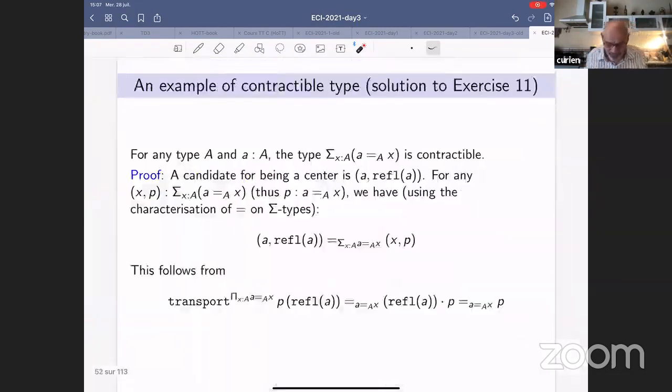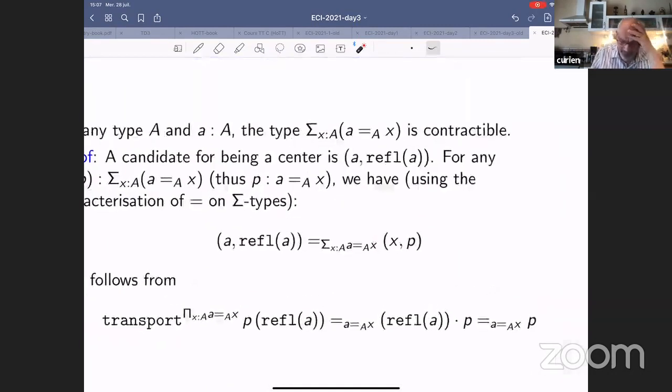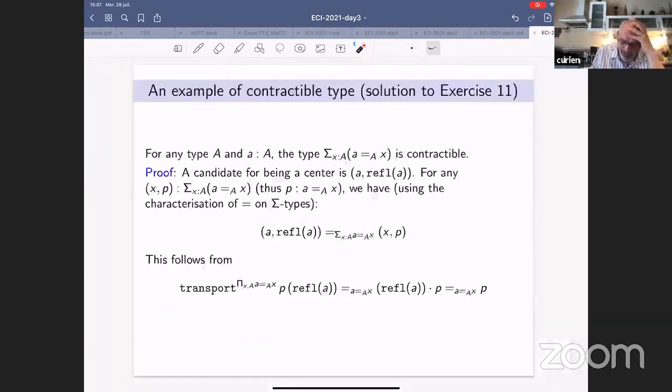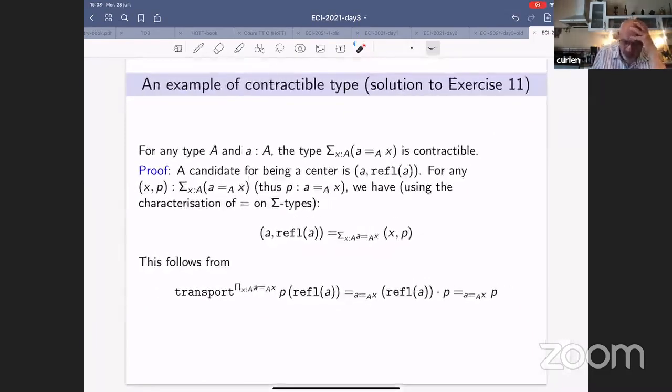Here is an example, and since it is an exercise in the slides, I will not give the proof. I recommend that you not look at the proof, and try to do it by yourself. So what is this type?